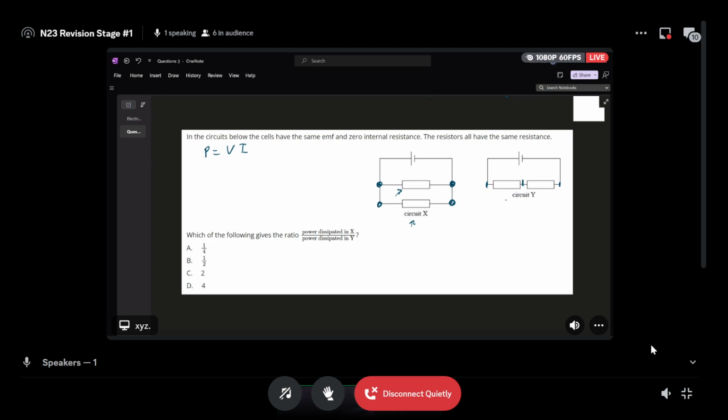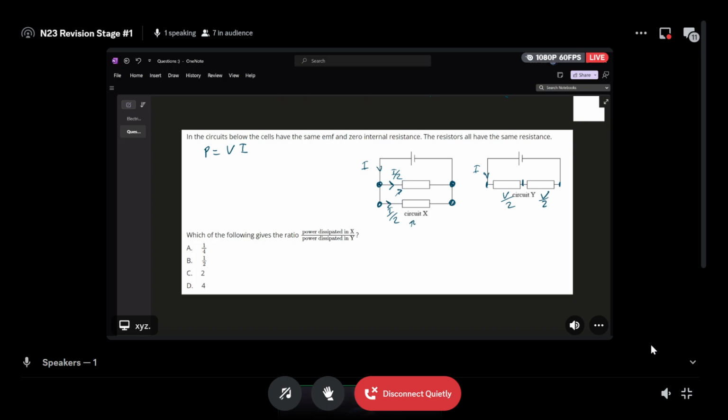The voltage drop across them is going to be the same, but this time half of the total. I hope that makes sense. But here we'll have half the current. This is I. And here we'll have the same current going through both.